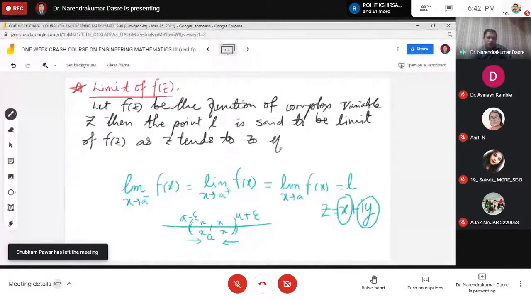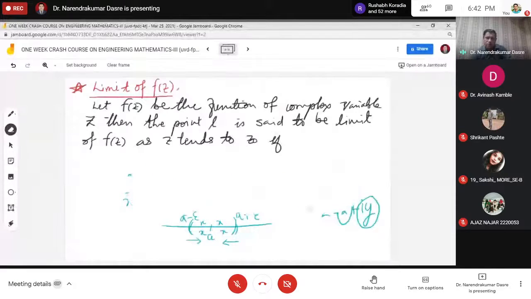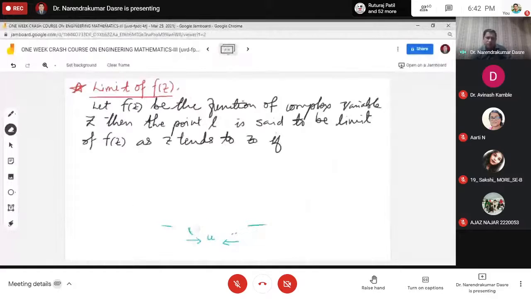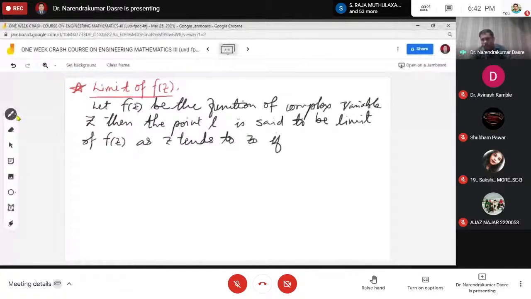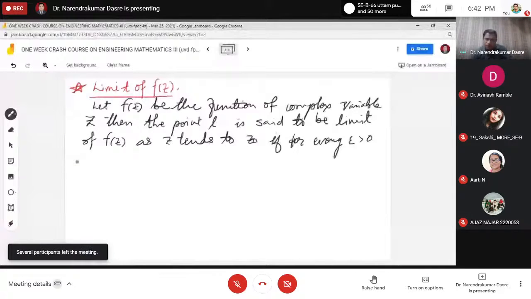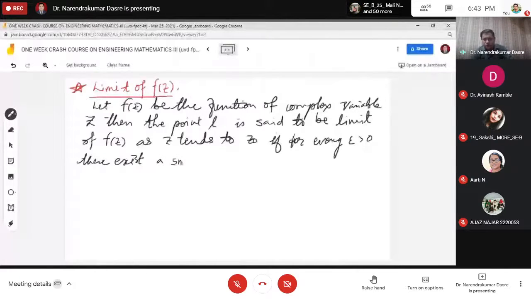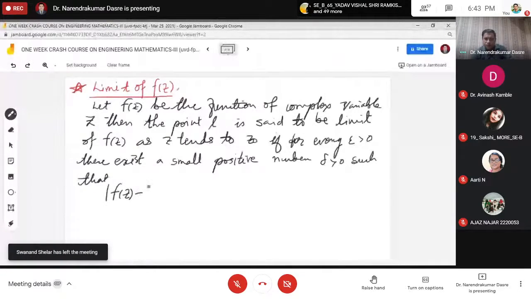If there exists a pair epsilon and delta, so we write it properly: if for every epsilon greater than 0, there exists a small positive number delta greater than 0, such that f of z is in the epsilon neighborhood of L whenever z is in the delta neighborhood of z0.